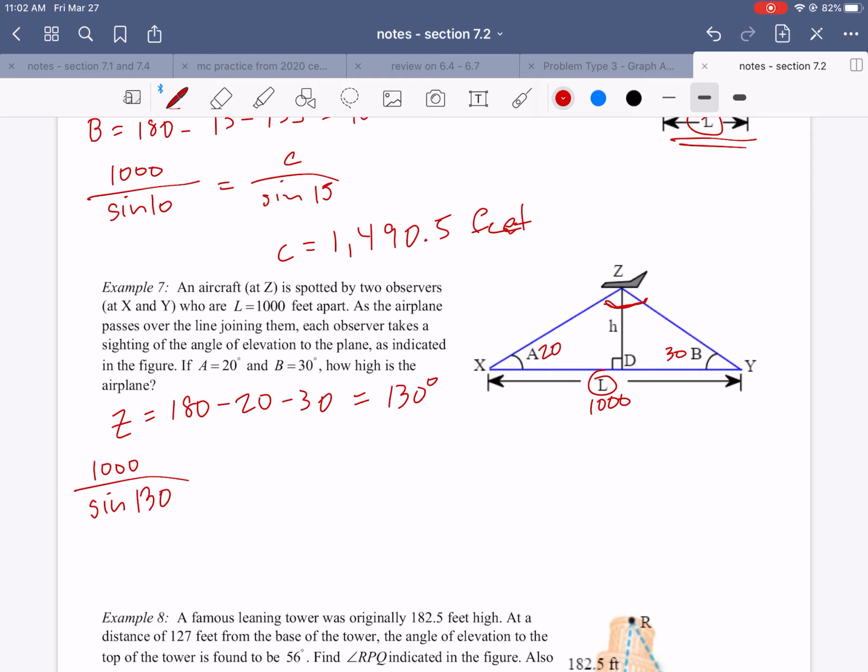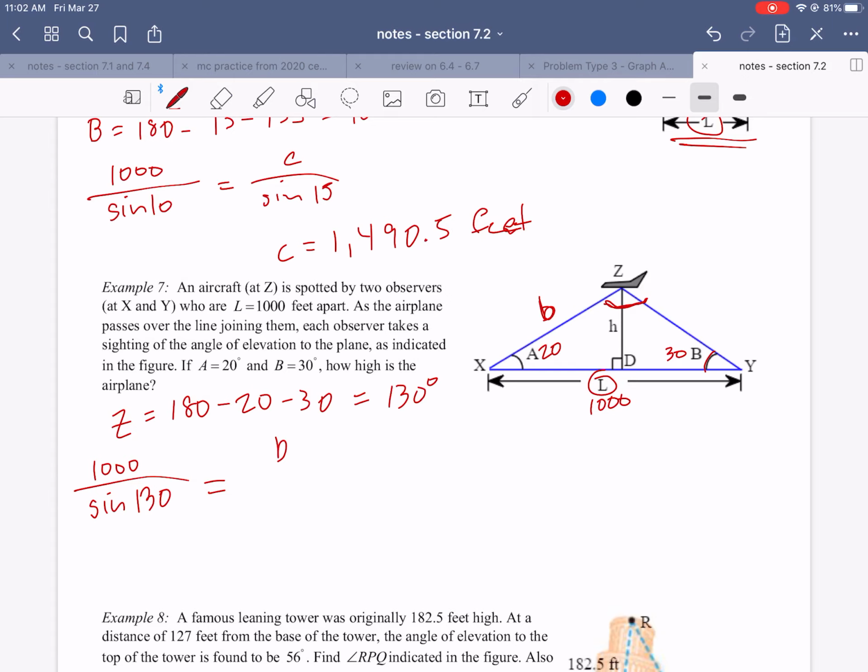Okay, so what that is going to tell me then, in this case, is that this is going to equal to, and here's where you have the option. You can either set this equal to the A ratio or the B ratio. It does not really matter in this case. You're going to end up getting the exact same thing. I'm going to go ahead and set it equal to the B ratio, which means I'm going to find side B here using angle B of 30.